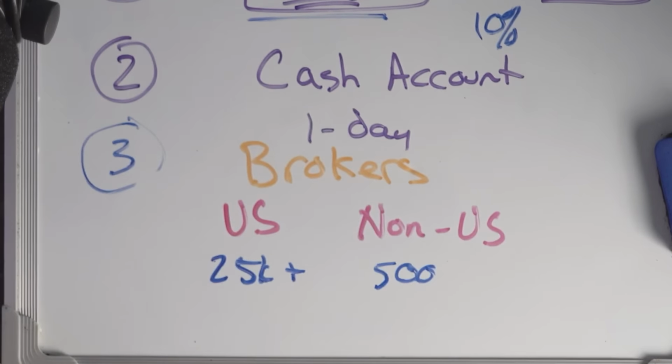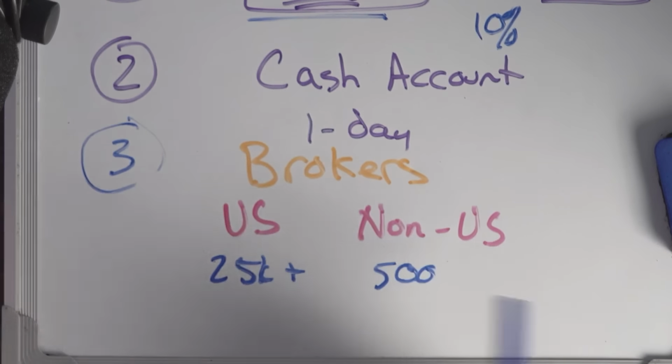And then of course you have some non-US brokers that have $5,000, $10,000 minimums, depending on the individual broker. So most international traders would not choose to trade with a US broker dealer because they would then be required to have that $25,000 minimum. And so they would instead use a local broker dealer in their jurisdiction that allows trading of the US market.